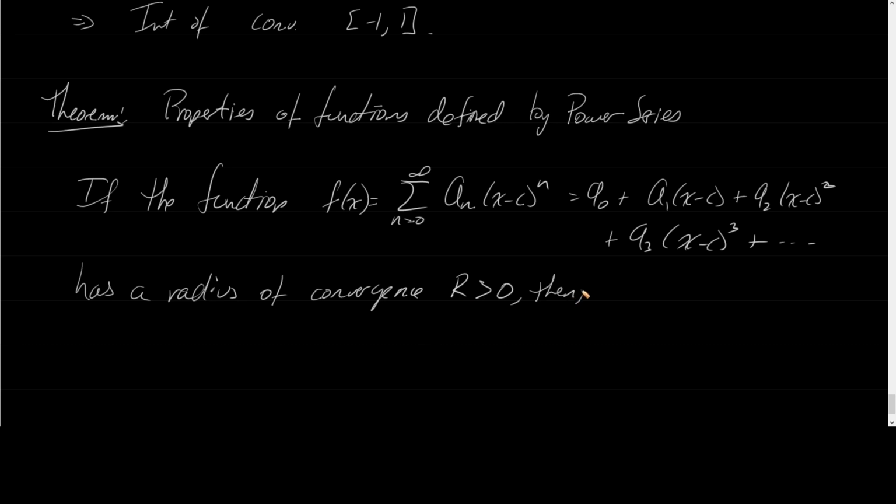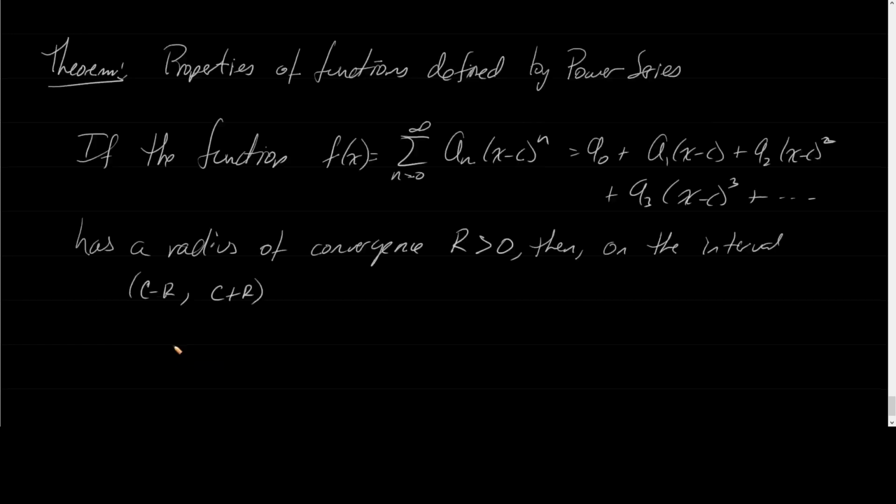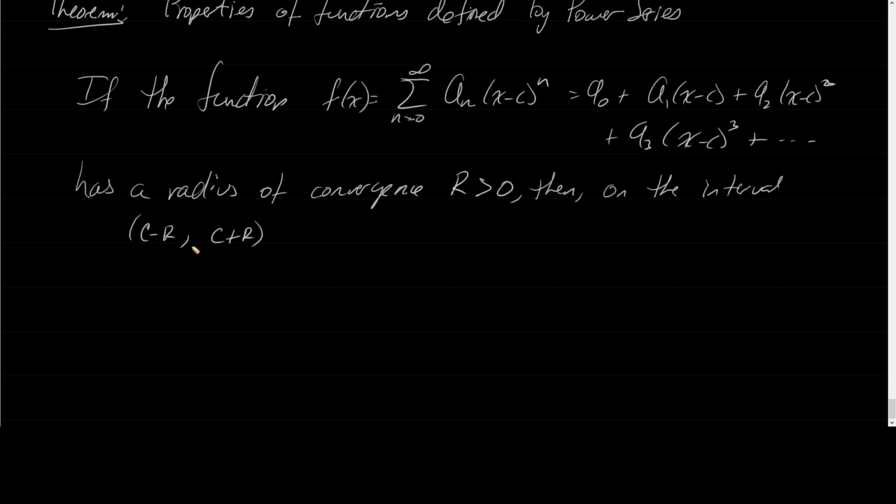then on the interval c minus r to c plus r, in other words, in its interval of convergence, and well, actually, in its interval of convergence without ever including the endpoints. Why?